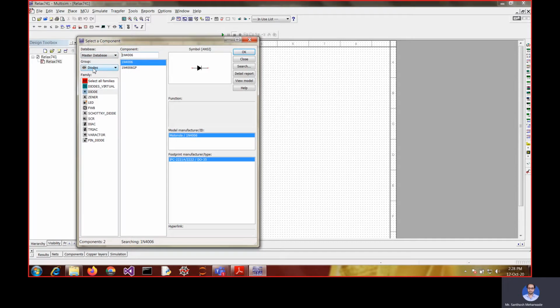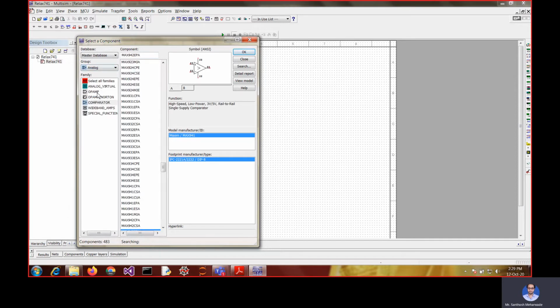Obviously we can't see the op-amp in the diode group, so I will click on that group. Next you can see that sources, transistors, and analog are there. I am going to click on Analog. In the analog group you can see that the op-amp is there. If you want to search, you can search over here.